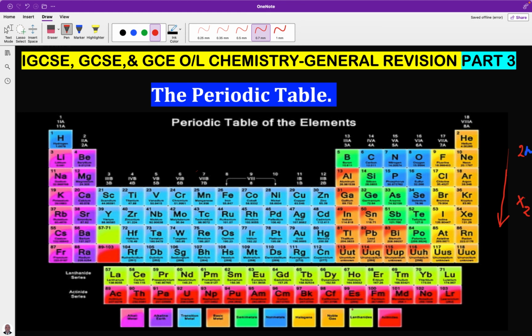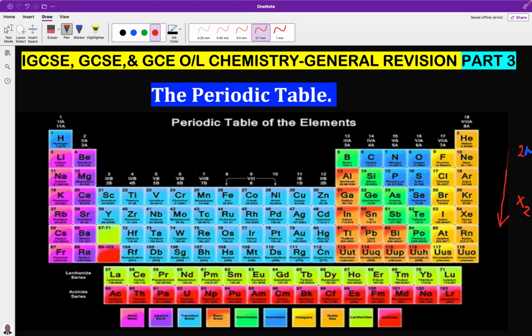All elements in a particular group have the same number of valence electrons. For instance, all elements in group 1 have one valence electron, only one electron in the outermost shell. Elements in group 2 have two electrons in their outermost shell.